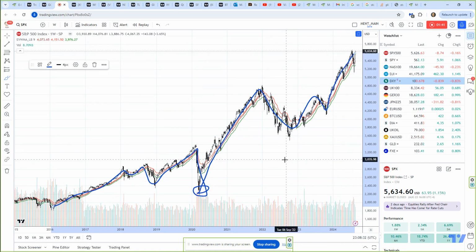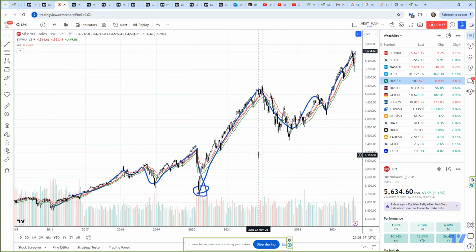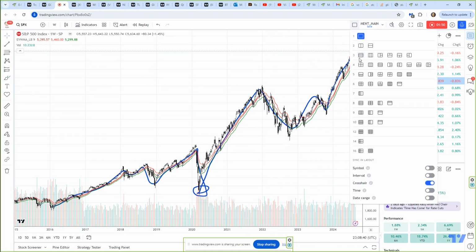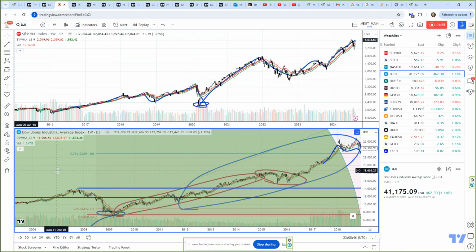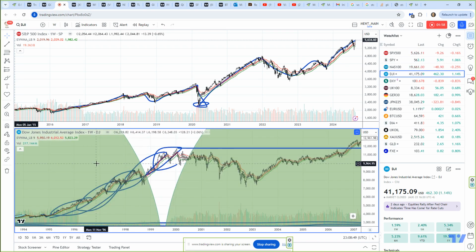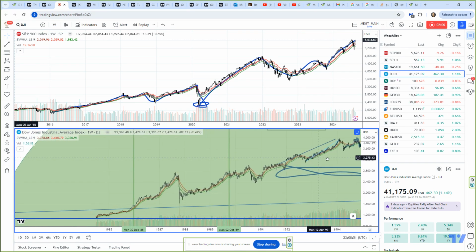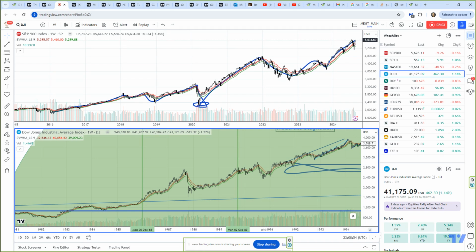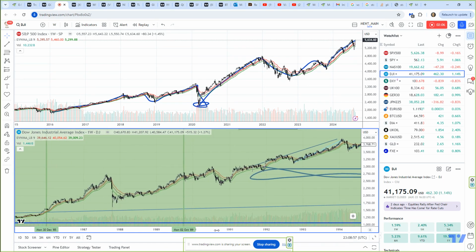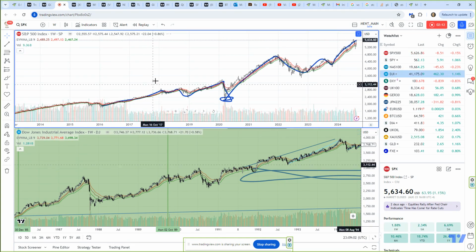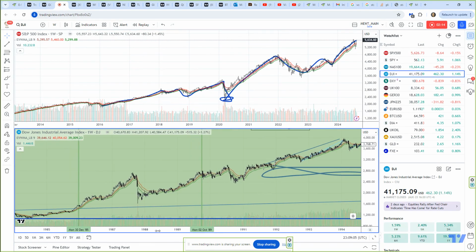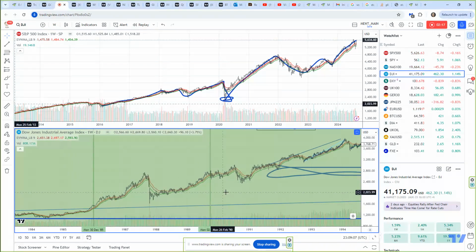What's interesting here, in my opinion, and I'm going to try to do this with a dual screen, is the fact that if you look at this from a standpoint of construction, meaning how the markets were constructed prior to this move and how much capital has actually been pushed into the market during this time frame, I want you to realize that we're looking at something fairly similar to this move.